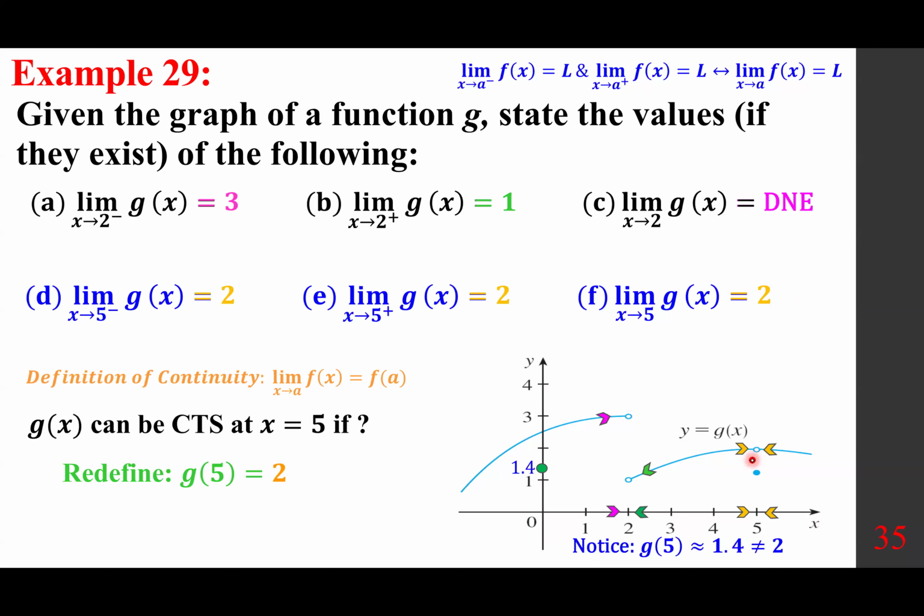So this is one of those discontinuities that can be fixed. We call it a removable discontinuity. However, at 2, besides the fact that g of 2 is undefined, more importantly the problem is it's a jump. There is nothing we can do to fix that. It's not fixable. It's not removable.